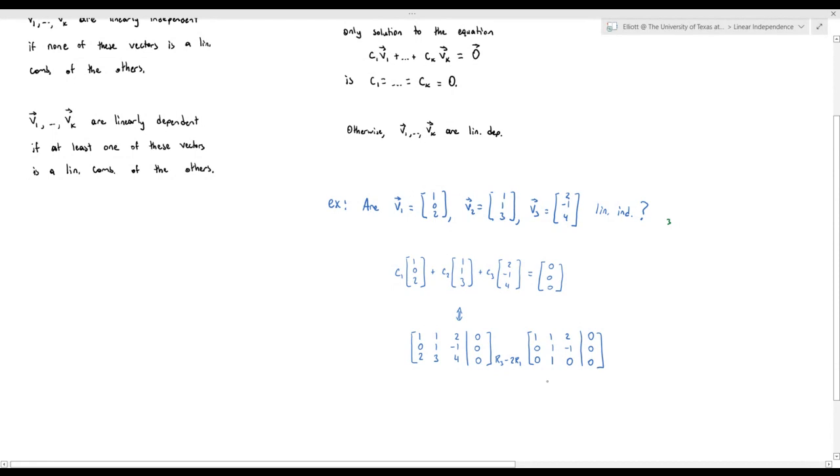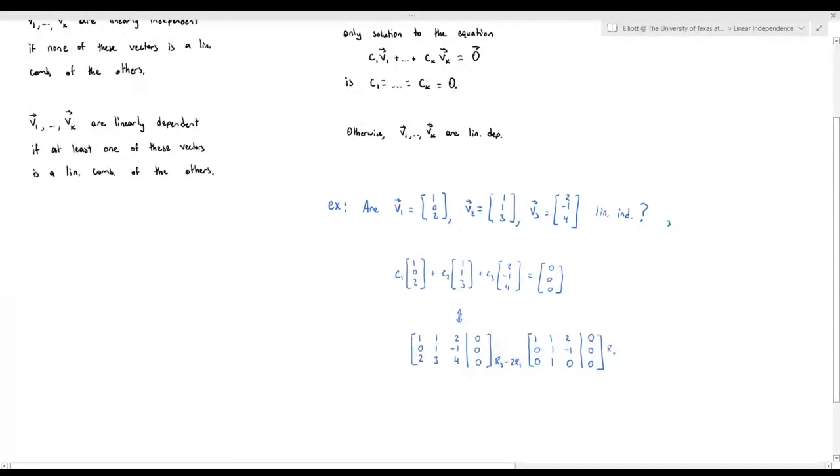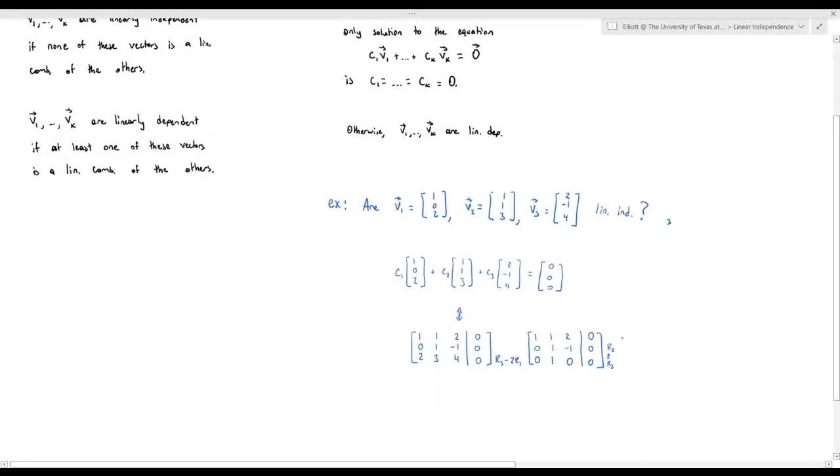We could probably stop here, honestly, but to be formal, if you really want to reduce to upper triangular form, you could swap row 2 and 3.